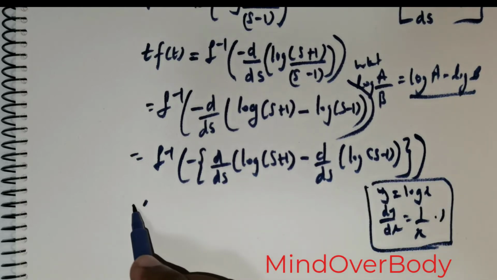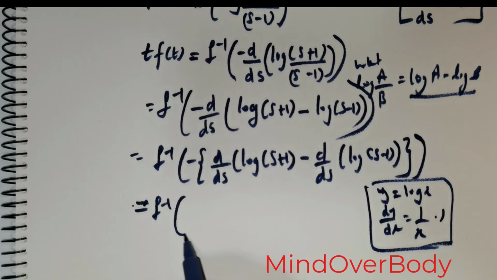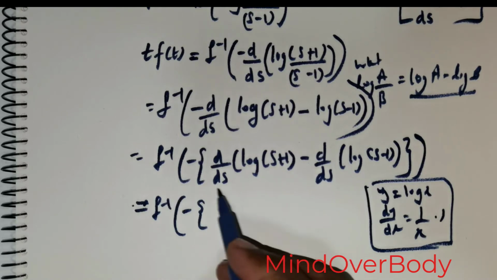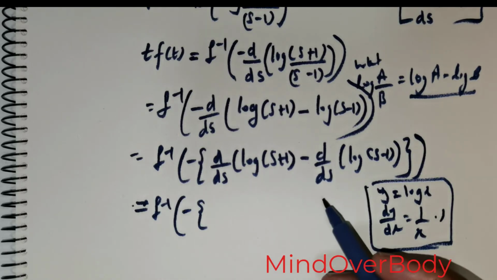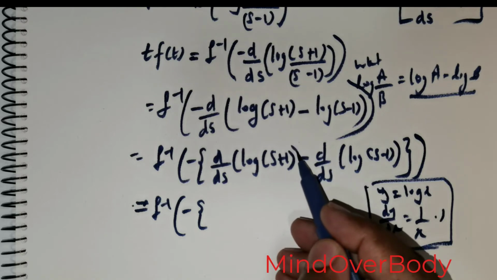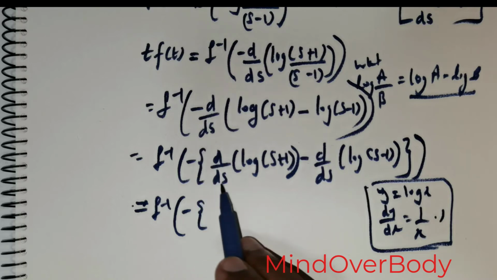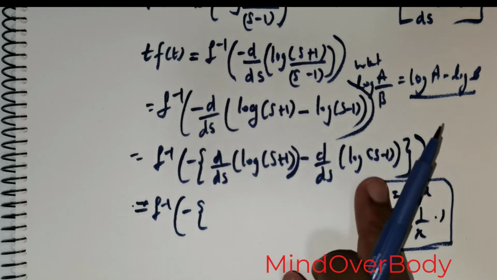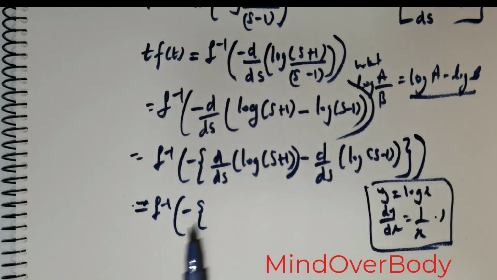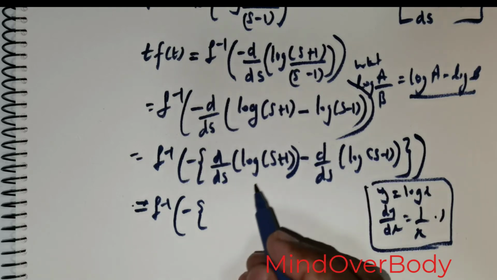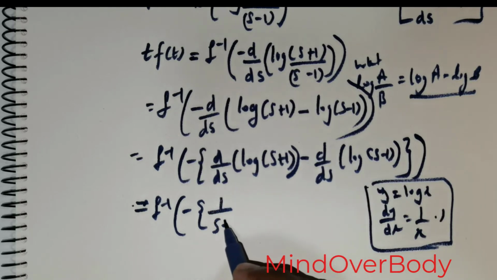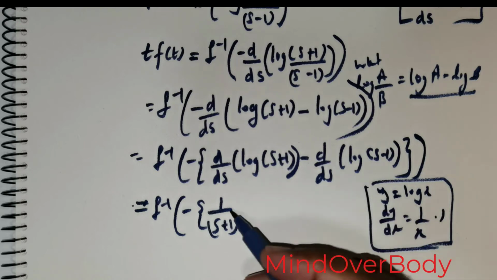So this is going to be L inverse of negative differentiation of log. In fact, I should place a parenthesis like this, because d/ds is actually an operator operating on this component, and d/ds is operating on this. Okay, that's fine. So this is going to be 1 over (s+1) times differentiation of s, so you don't have to write it.